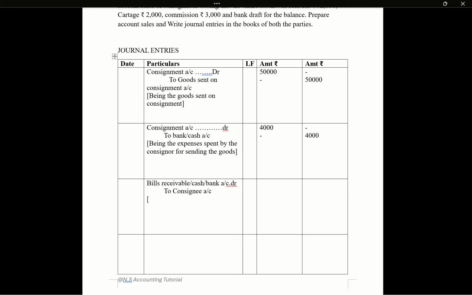Here narration will be being a bill or bank draft received from the consignee as an advance. Here amount is rupees 30,000.